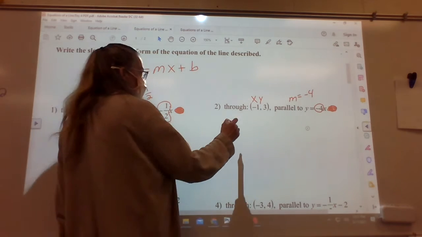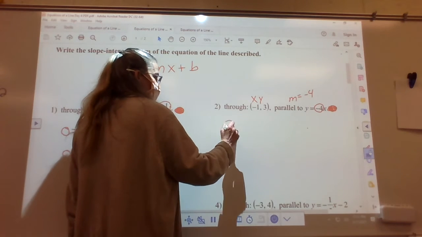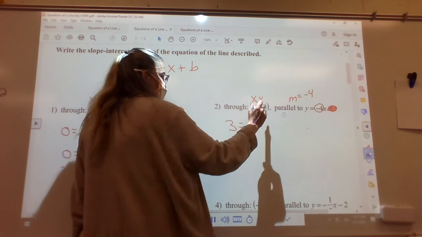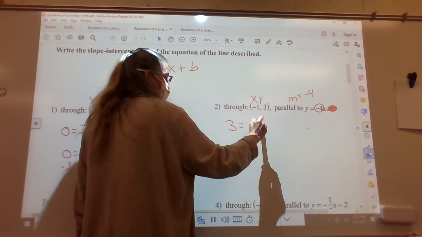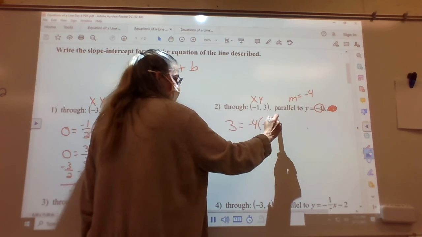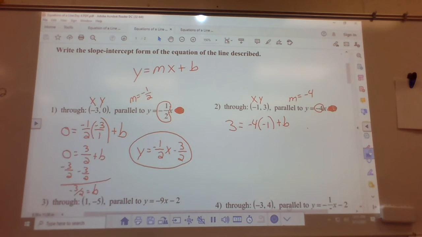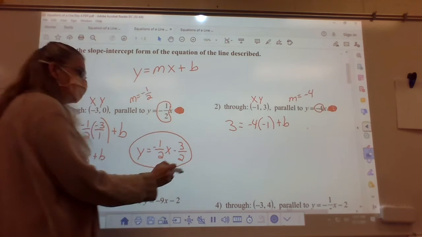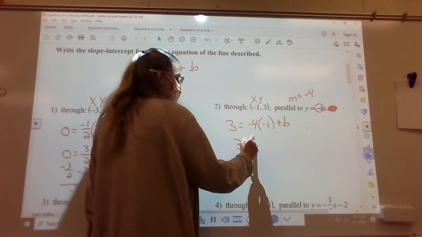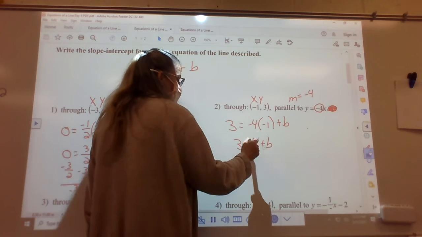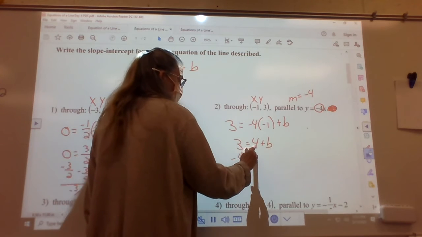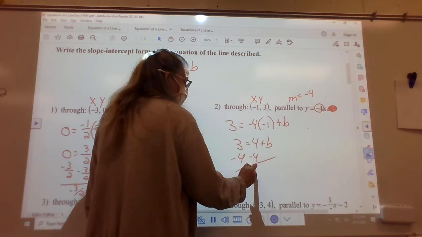Y equals mx plus b. Y equals m times the x plus b. -4 times -1 is 4. So 3 equals 4 plus b. Subtract the 4. -1 equals b.